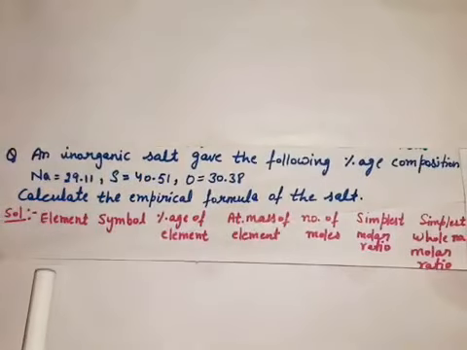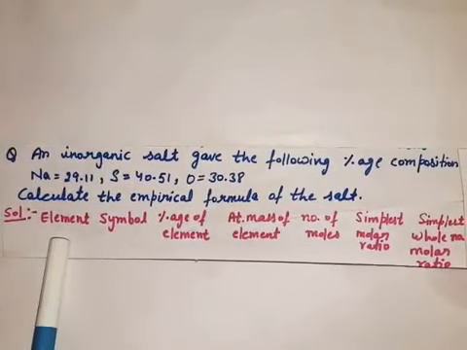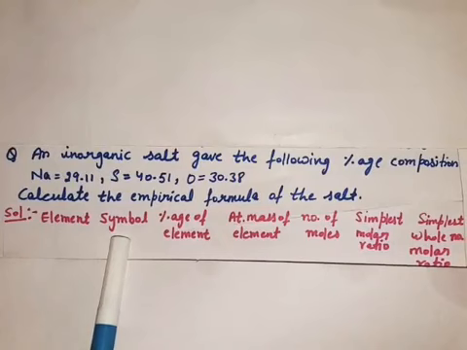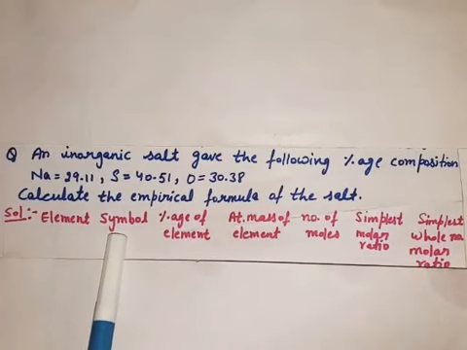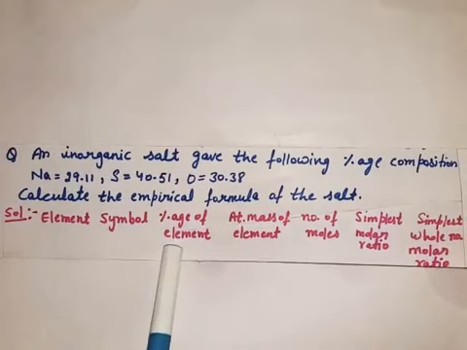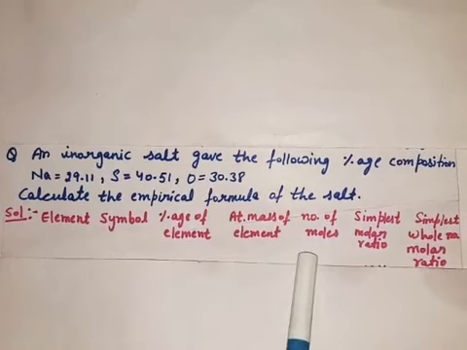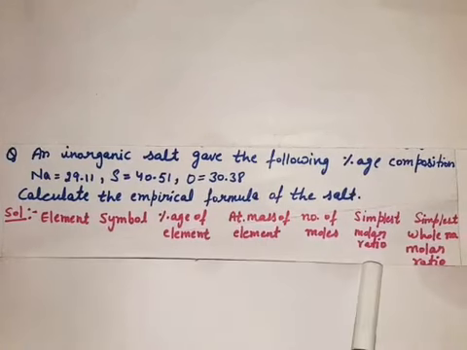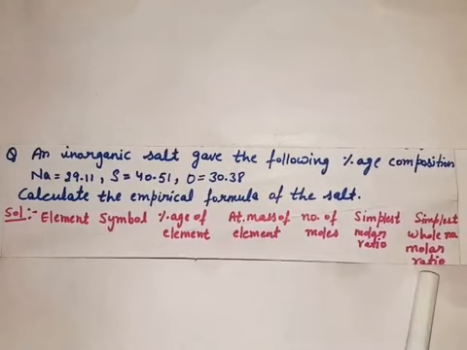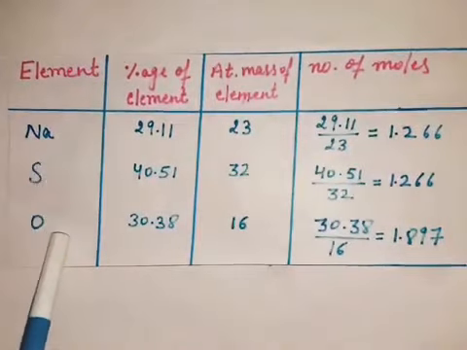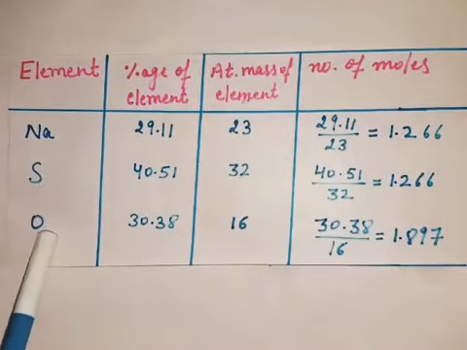In this table, first you will write element, symbol. Next columns are percentage of element, atomic mass of element, number of moles, then simplest molar ratio and simplest whole number molar ratio. So here three elements are present: sodium, sulfur and oxygen.